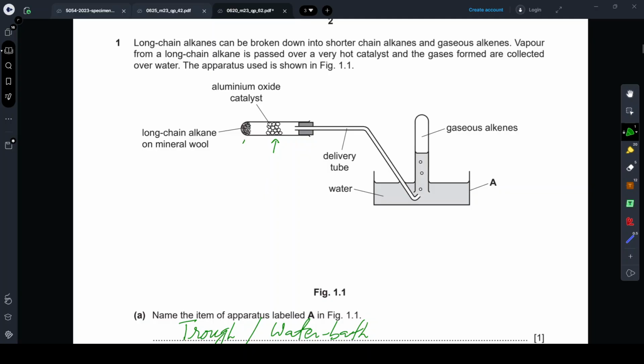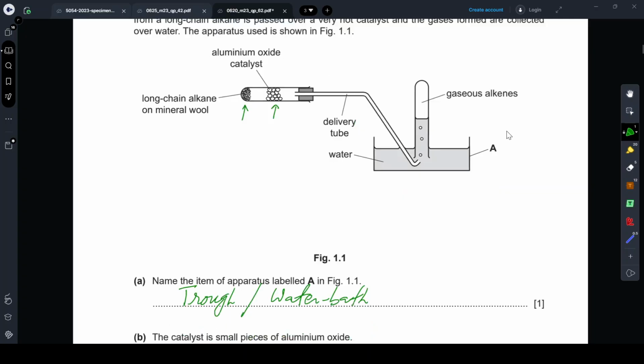Right. So the mineral wool is soaked in the long chain alkane, and we're going to provide heat to cause it to vaporize. So the heat being provided over here is to vaporize the long chain alkane. And those vapors are going to travel to the catalyst, and you're providing heat at the catalyst as activation energy to cause the breakdown into shorter chain alkanes and gaseous alkenes. Okay.